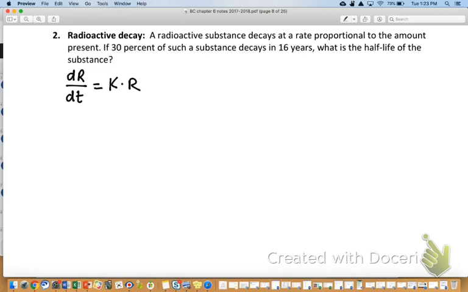Let's say originally C is 10, and it's at 30% decayed, we can do 7 after 16 years, right? So you just do 0.7, because 7 divided by 10 is 0.7. Does that make sense? It's just a proportion, and you just solve for K.